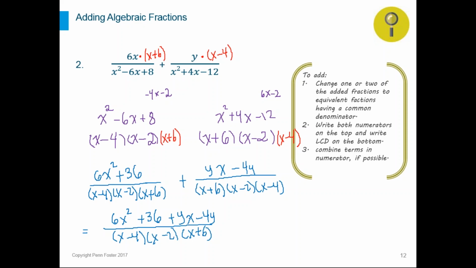I see y, I don't see anything with only a y, nothing there. yx only 1, 36, there are no other numbers, so nothing to combine on the top, and the bottom will just stay as is. Your final answer is this. It's a huge answer, but this is your final and simplest form of the answer.